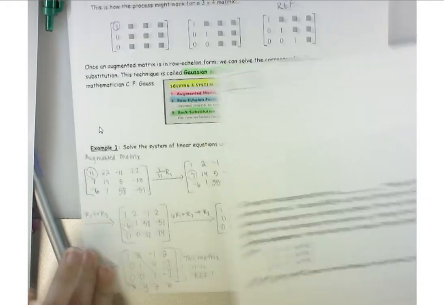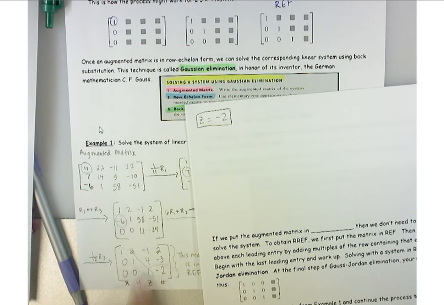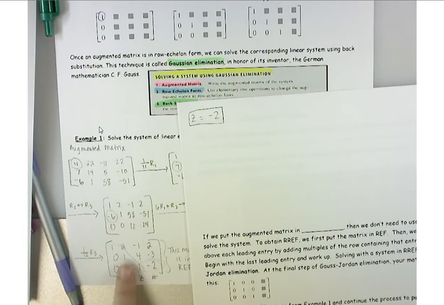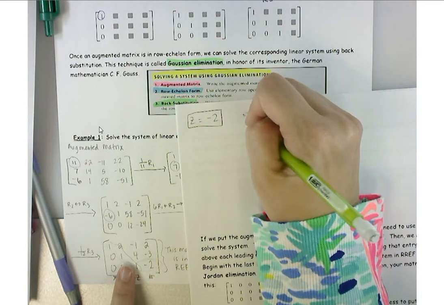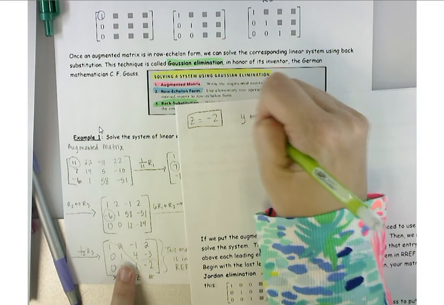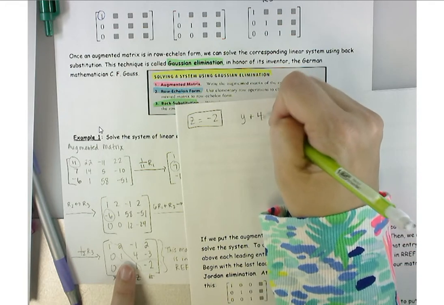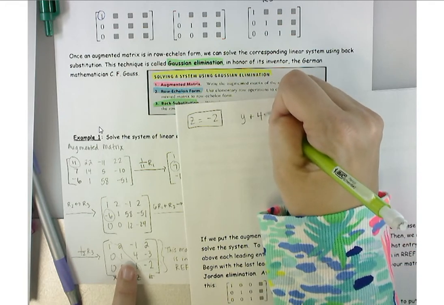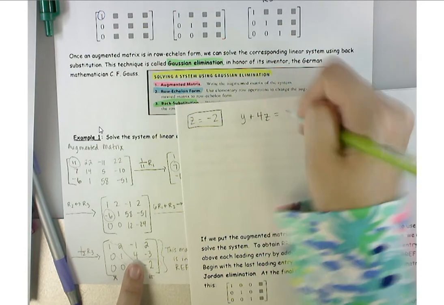Now I'm going to write this equation. Aiden, will you tell me what this equation is going to be? Second one is y plus 4 times -2. I'm going to write it out with variables first. For z equals -2. Good.